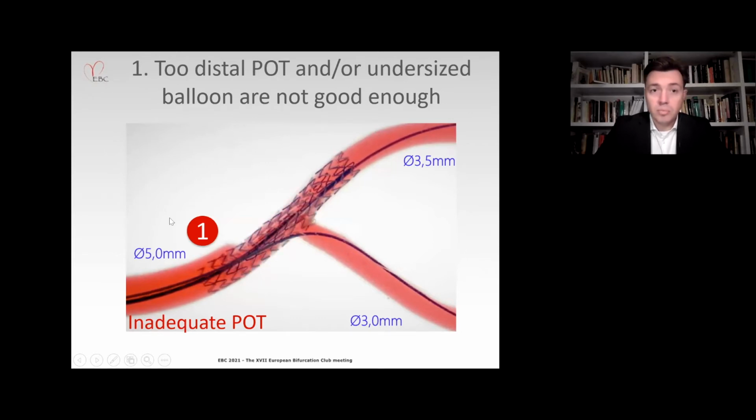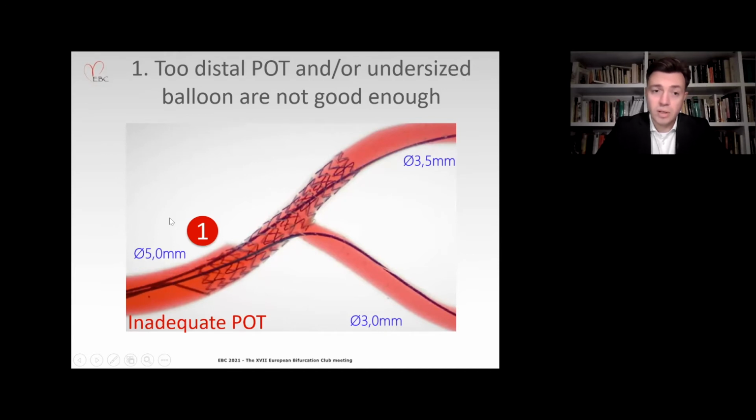However, POT, being a technique, needs to be performed correctly, and if you perform it like this, as you could see on this example, it is too distal. So performing it too distal or with an undersized balloon leaves you at the proximal edge of the stent with the very same result as not performing POT at all. What you see now here on this bench test is that the wire doesn't go straight forward into the stent lumen. It rather still can go behind the struts, and you can still have abluminal rewiring, even though you think that you have performed POT.